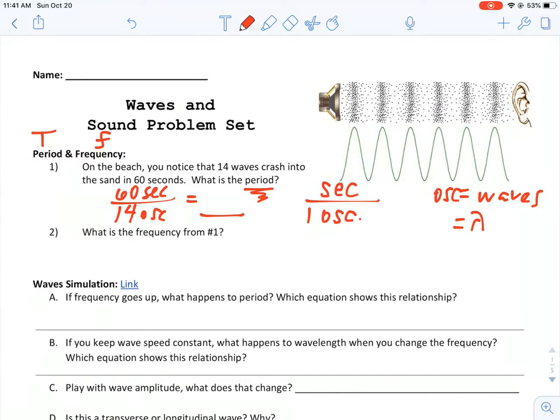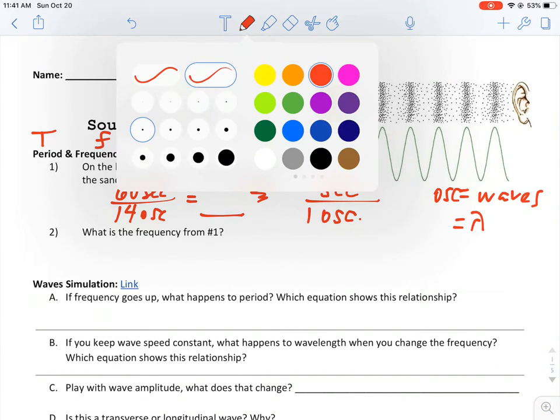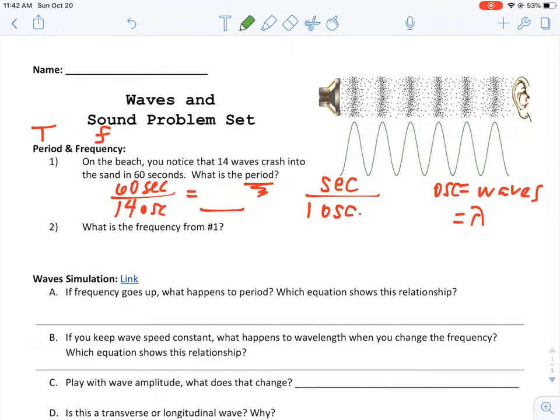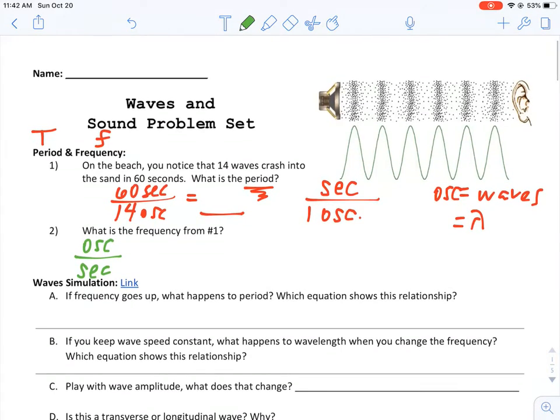Now to figure out frequency, we could do this 2 ways. We know that frequency is oscillations divided by seconds. Remember, oscillations is waves or wavelengths. So we could say 14 divided by 60. That would give us the frequency.